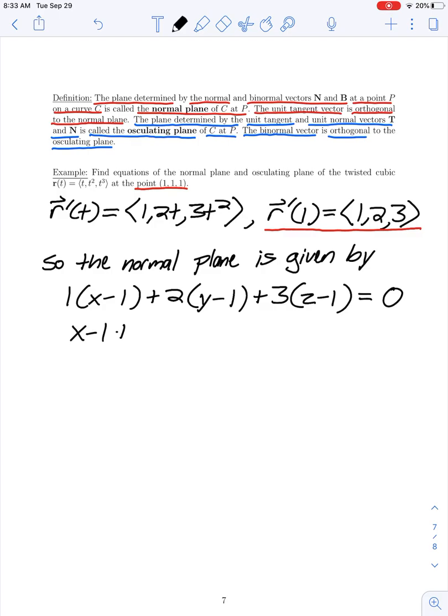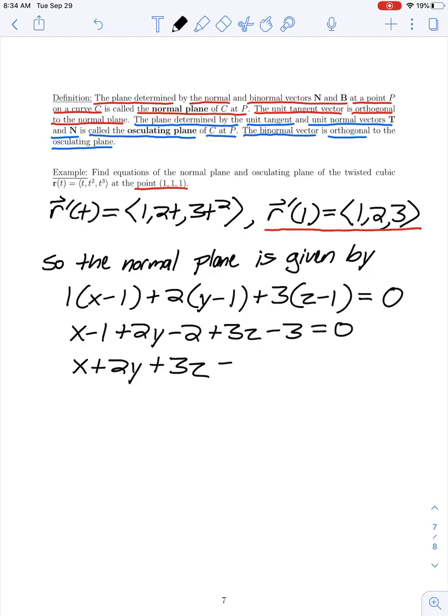So we find that x minus 1 plus 2y minus 2 plus 3z minus 3 is 0, or grouping the constants together, we have x plus 2y plus 3z minus 6 is 0, or the sum of these values is equal to 6.